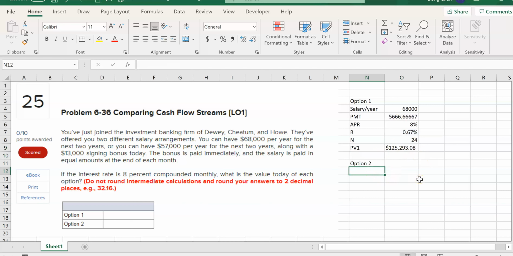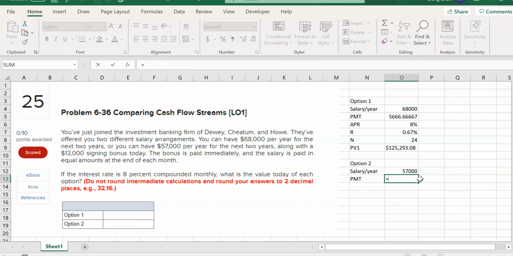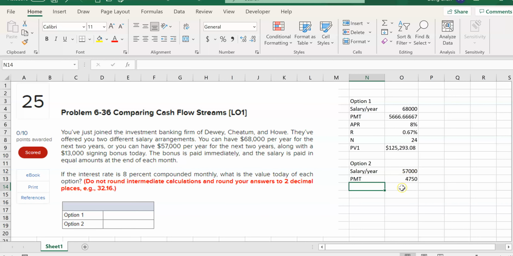So let's continue. For the second option, the salary per year is 57,000. That gives us the payment, which is 57,000 divided by 12. We also have a signing bonus of 13,000. The signing bonus is paid immediately, so this is already a present value.